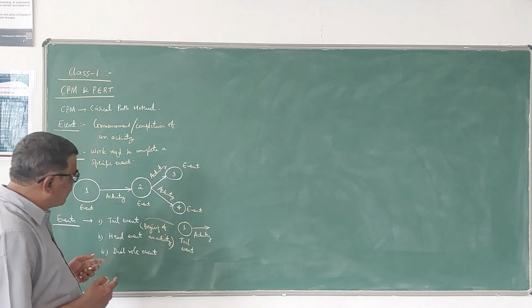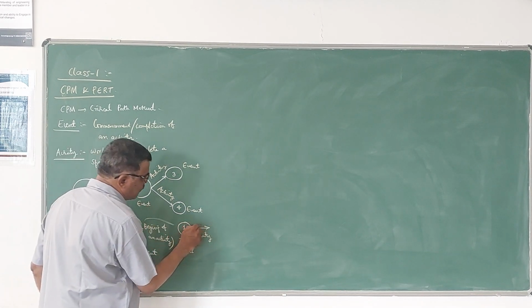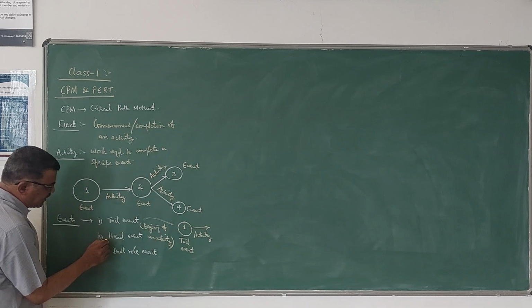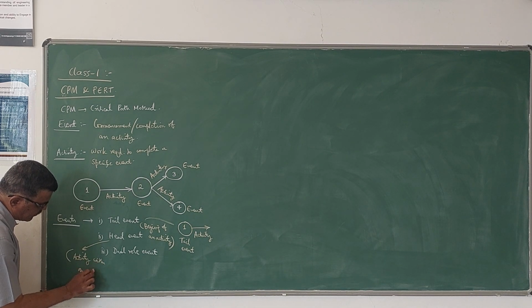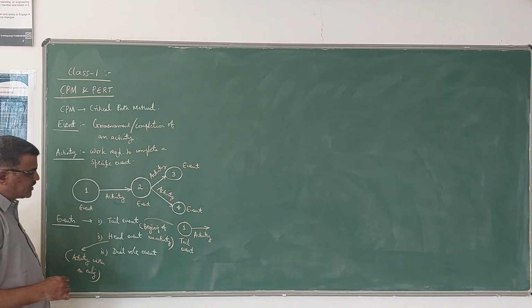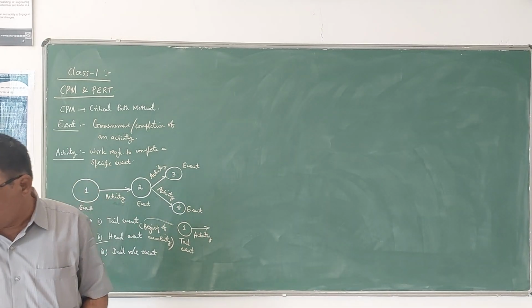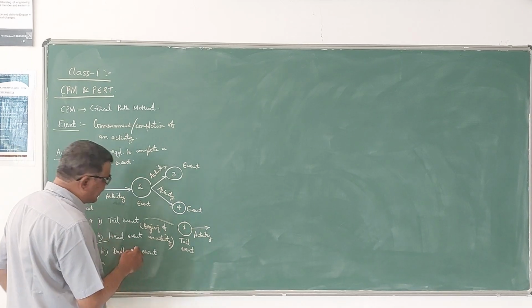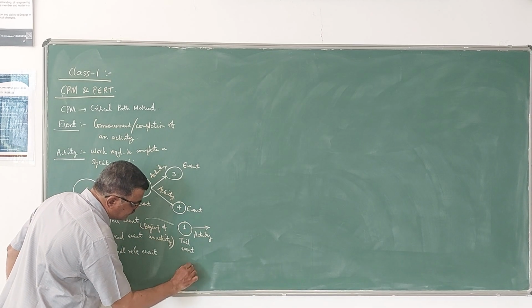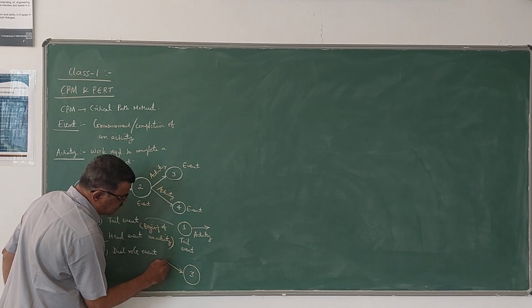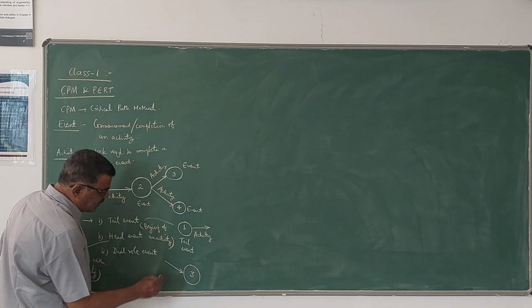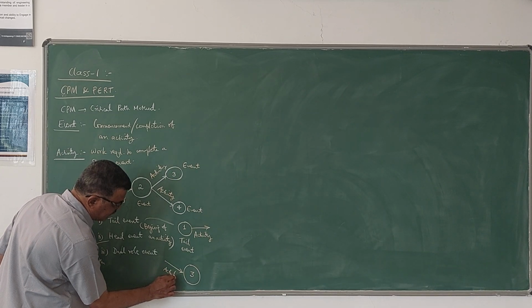For example, here in this example 3 is an ending, because there is no activity after 3, so this activity is ending.